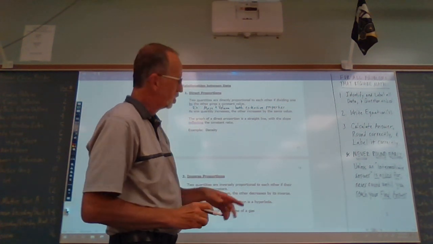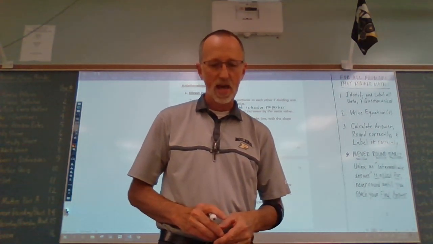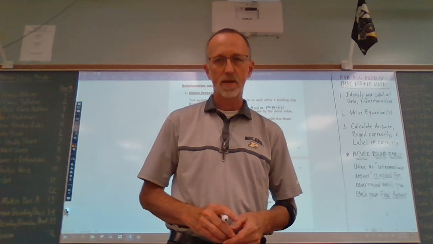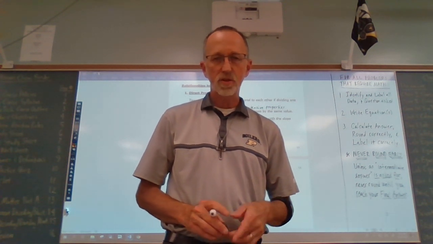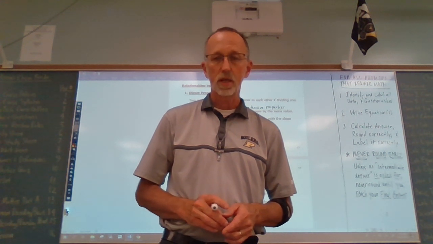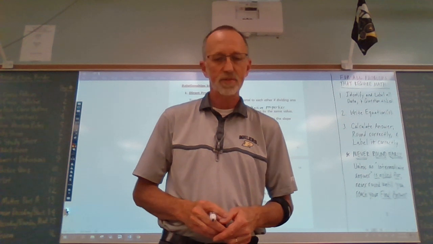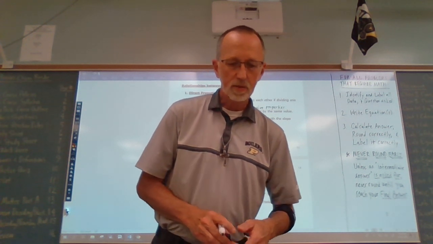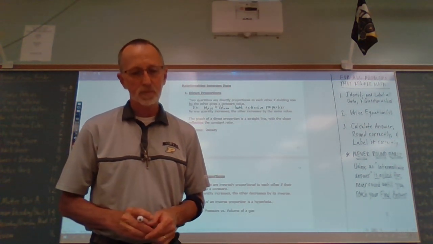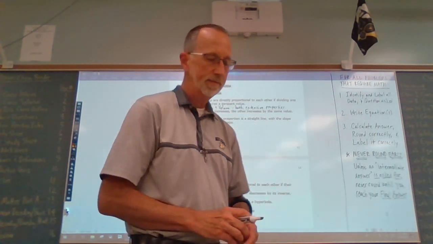In a direct relationship, as one quantity increases, the other increases by the same value. So when you divide one by the other in a direct proportion, you're going to get the same ratio every time. As a result of that, the graph of a direct proportion is a straight line with the slope reflecting that constant ratio.